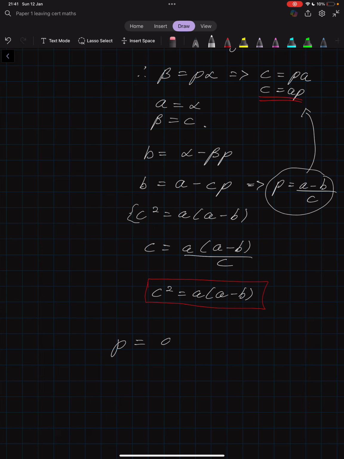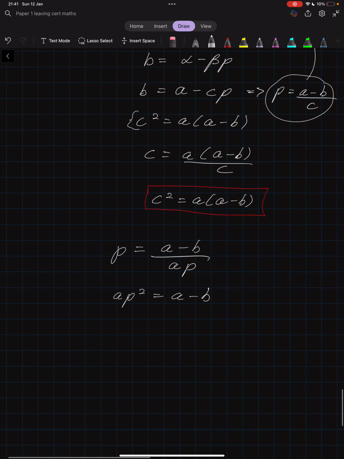So now I can multiply both sides by ap and get that ap squared is a minus b. Multiply both sides by minus 1. I get that b minus a equals minus ap squared.